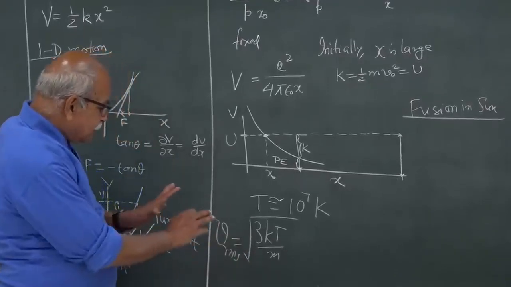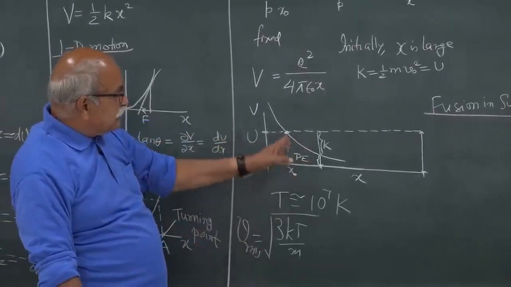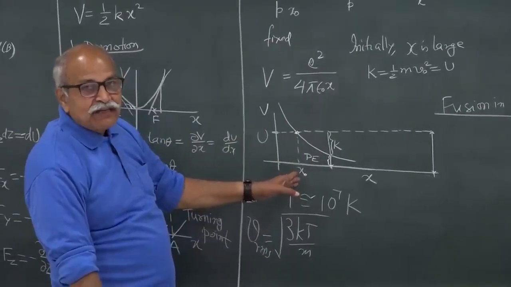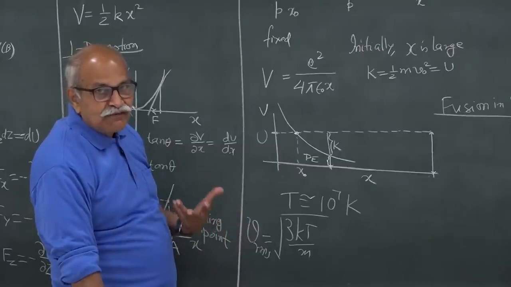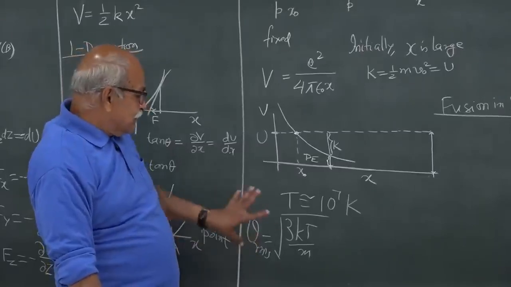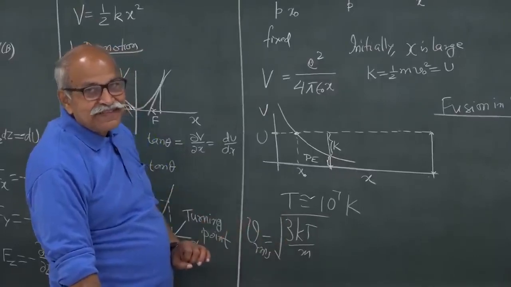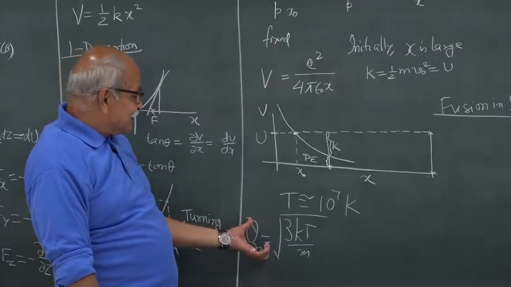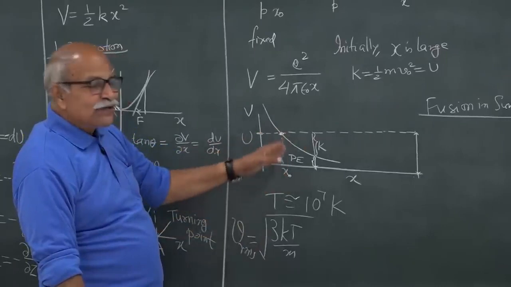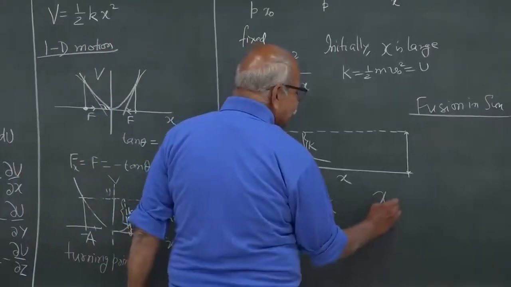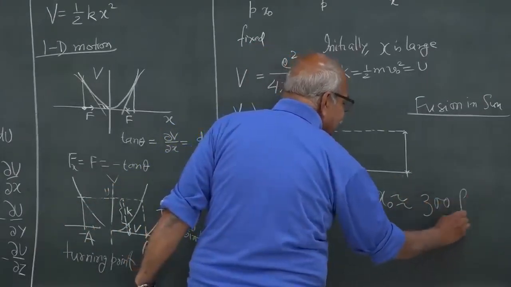If you calculate this you get some value, and with that value you can calculate how much x naught should be. Different protons are of course moving with different velocities, but this is the average, some kind of root mean square. So, if you take this as the velocity, calculate the kinetic energy and find this x naught here, that x naught turns out to be some few hundred femtometers, say 300 femtometers.